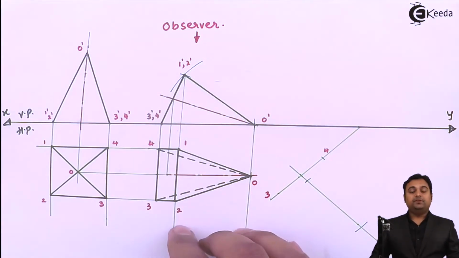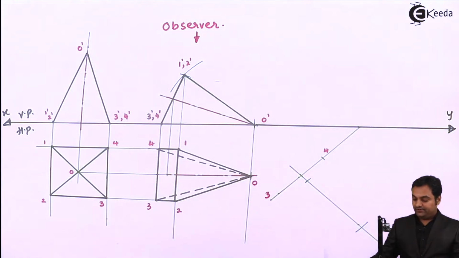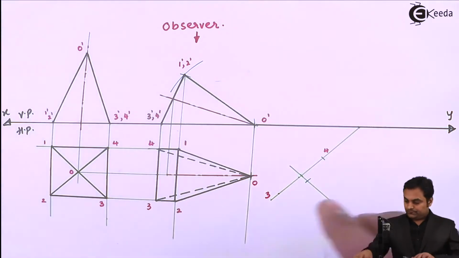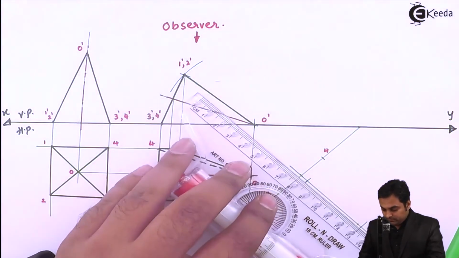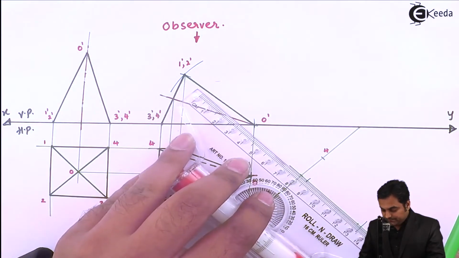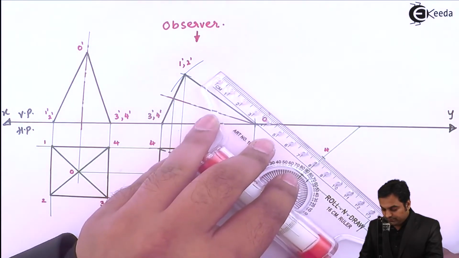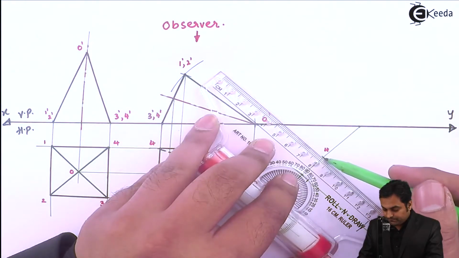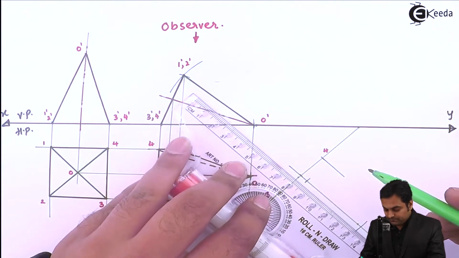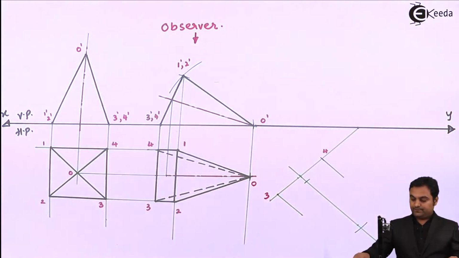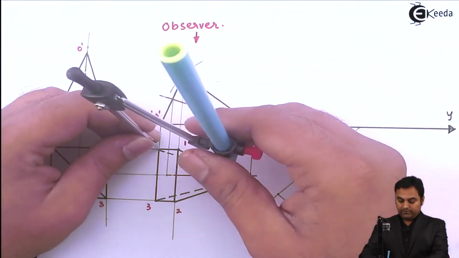Then I need to copy this entire pyramid here. So for that, to this perpendicular line, here I'll draw a parallel line to this from point 4, and here from point 3. Next, measuring the distance from 4 to 1.